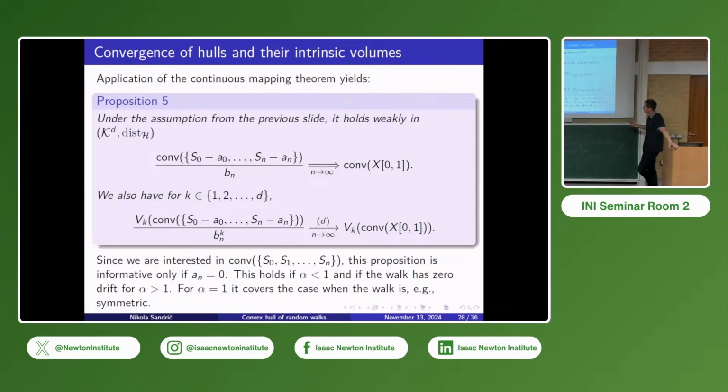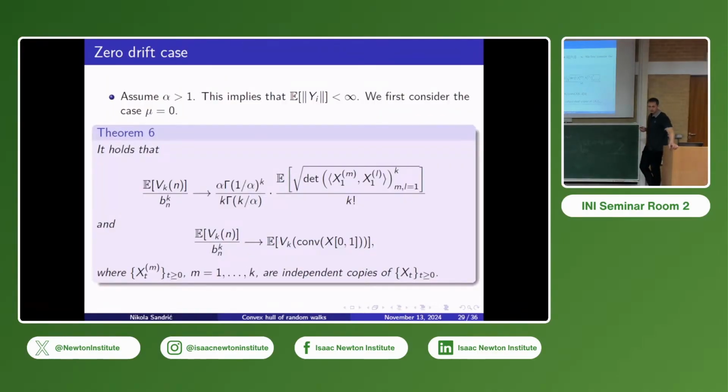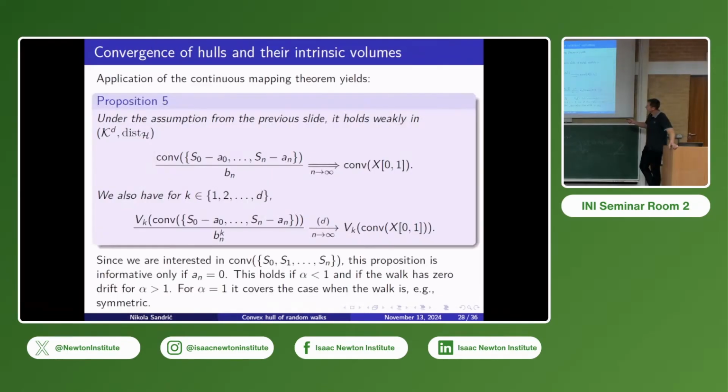So essentially these results are only informative when an is 0. So let us first consider the case when an is 0. In the case when alpha is strictly bigger than 1, which means that we have finite first moment and essentially that the drift is 0, we are again in a similar situation as before. In this case we have the following results. So we have convergence in distribution here.